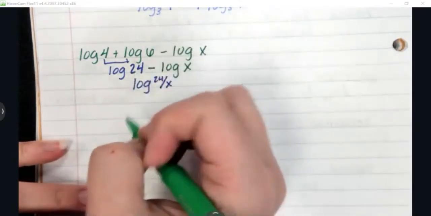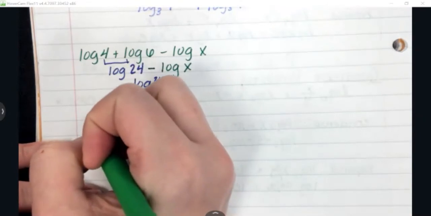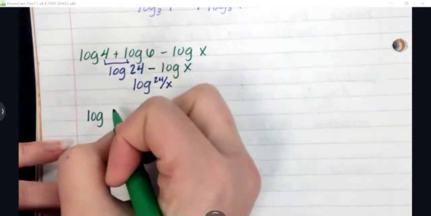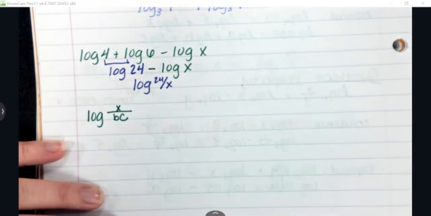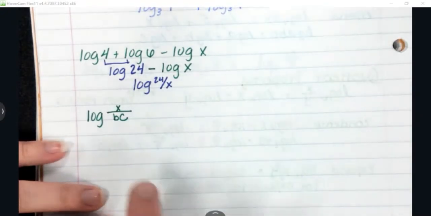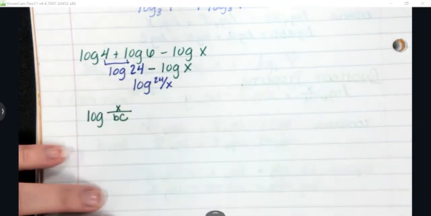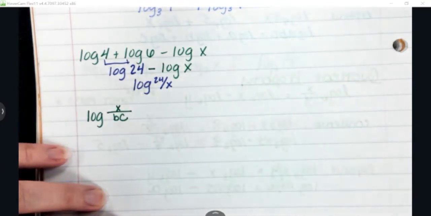What if let's go backwards. What if I ask you to do log of x divided by B times C. Here's the easiest thing to do. How many items do you see in here? 3.